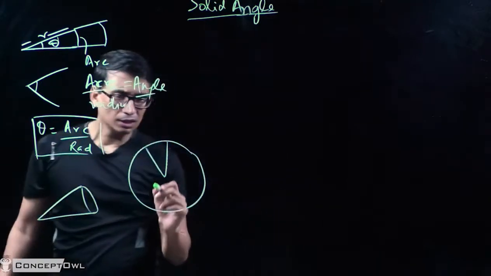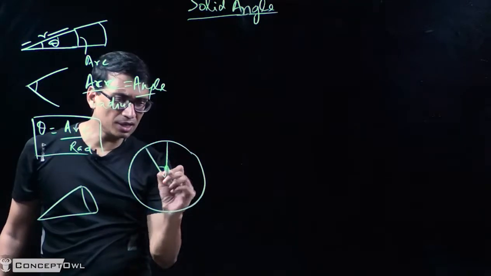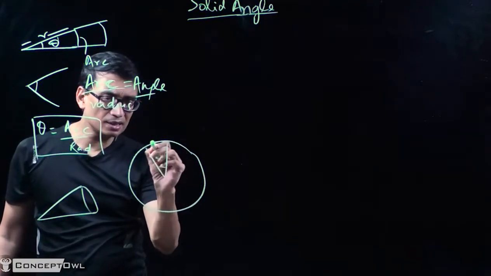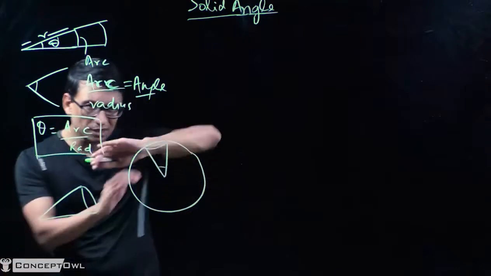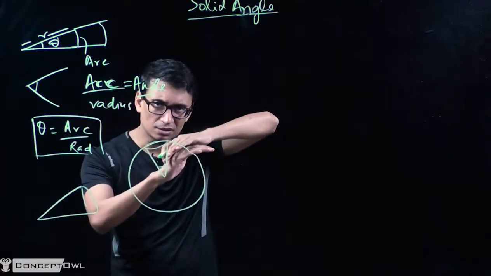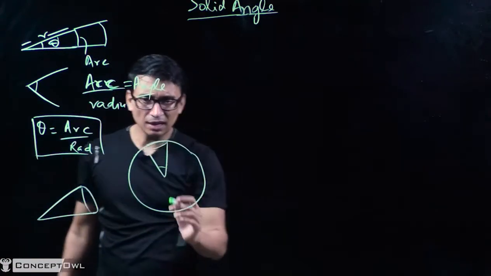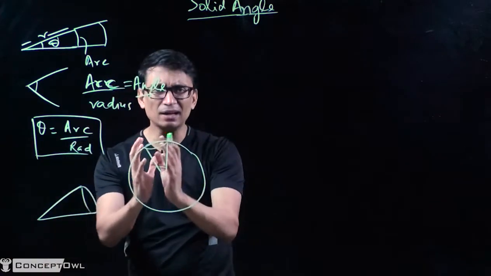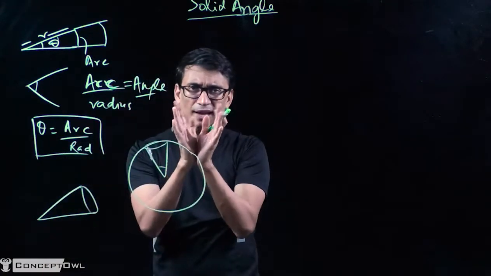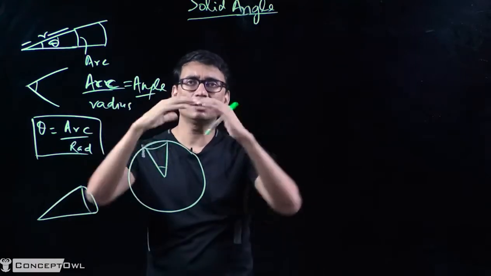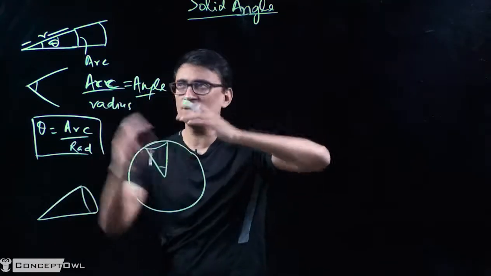Now here this is, so to say, the curved surface at the top. Can I think of some angle here which measures not the distance between the lines, but how much is the area? Here we talked about the length.